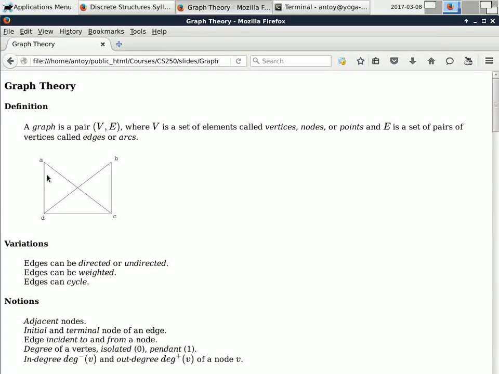What about A, D, B, C, A? Is that considered simple? Say that again. A, C, D, B, A. Yes, that's simple, because you don't cross any edge more than once. All right? And so, these are relatively simple concepts, very intuitive.